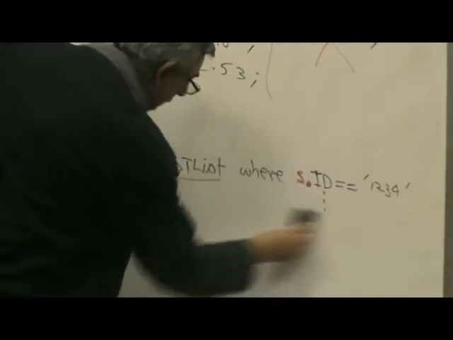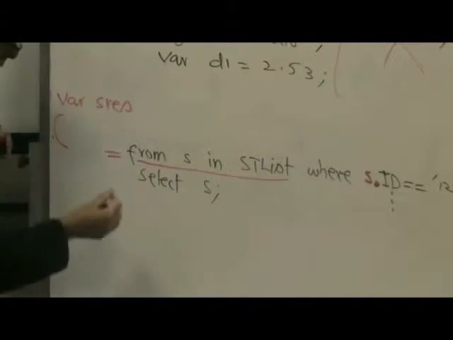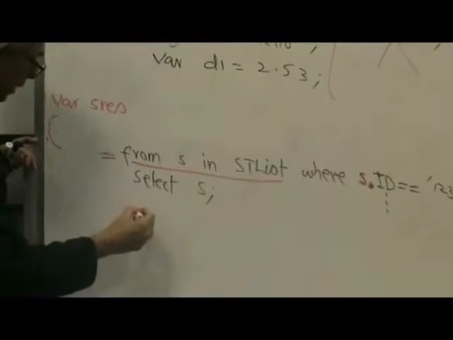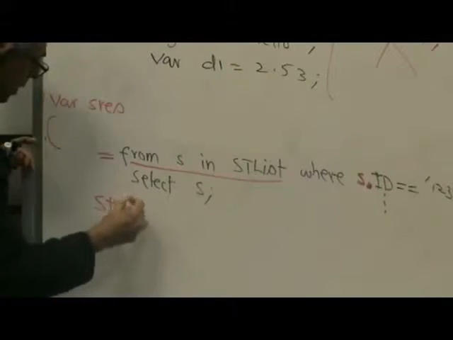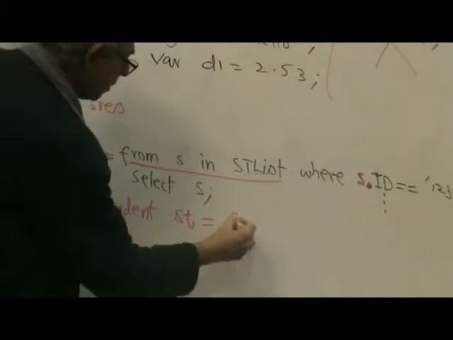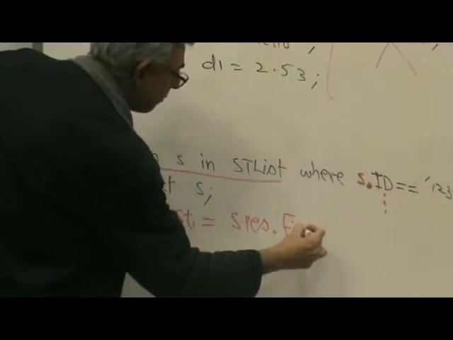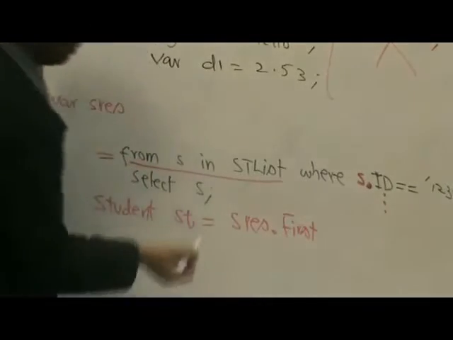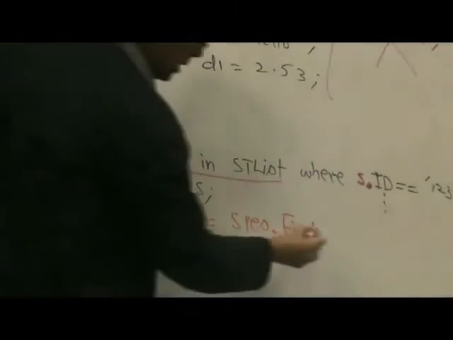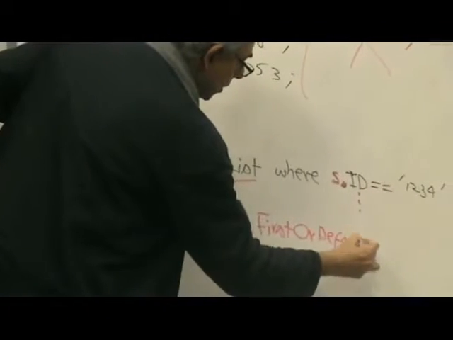After you issue the LINQ, the next possibility is you will say student st equal to sres dot, and again, if you're sitting down at the computer, as soon as you type dot, there will be a method available, FirstOrDefault.